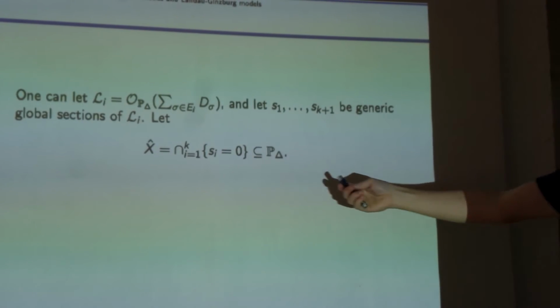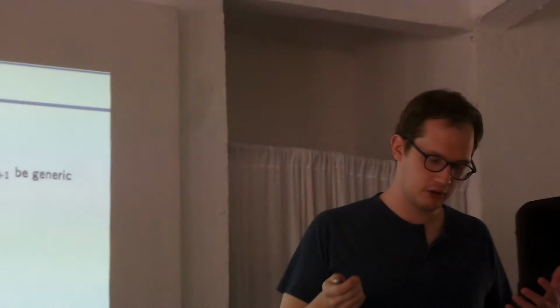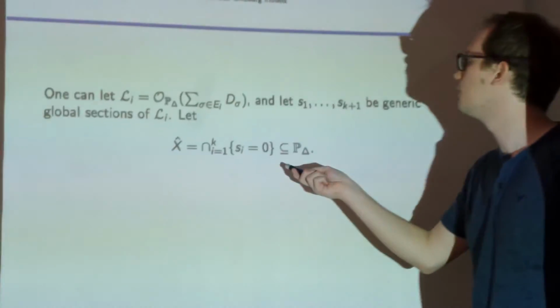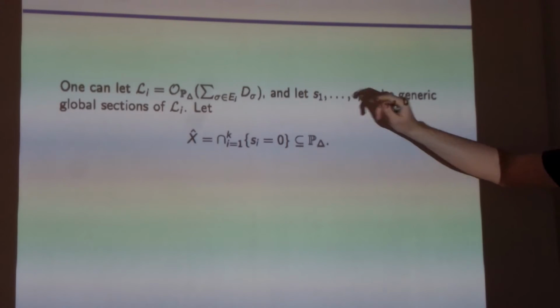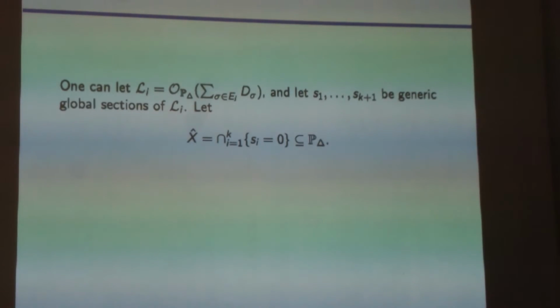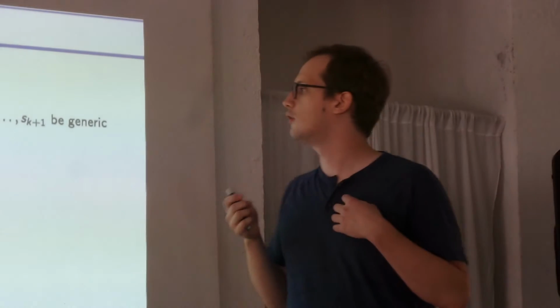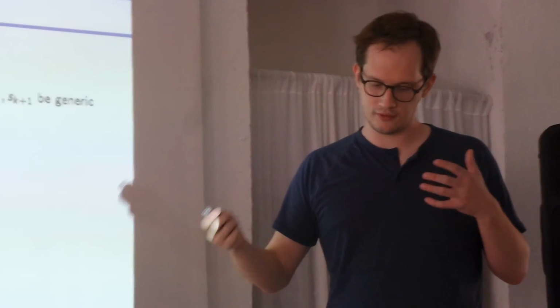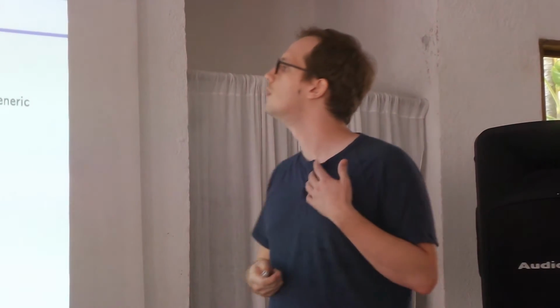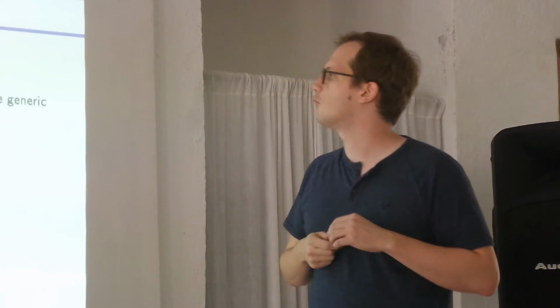When you do this, if you take the adjunction formula, what this tells you is that the anti-canonical bundle of this complete intersection is the restriction of L_{k+1}. So this is an effective line bundle, and it's base point free because it's also semi-ample. Okay, so this is nice.